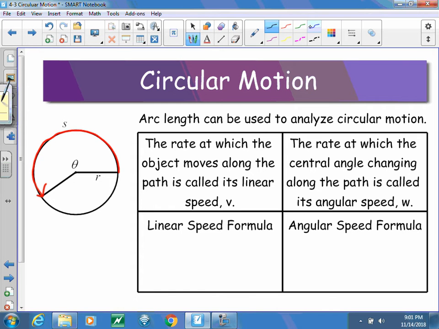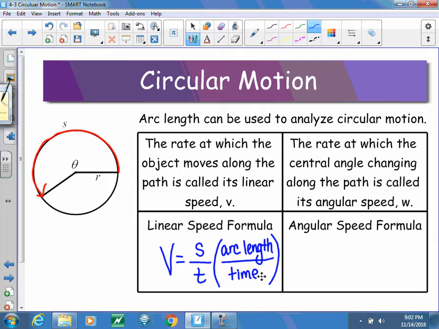Now the math side of things. Taking a look at the linear speed formula, which we're going to represent as V, we take our arc length S and divide it by time. So we take the arc length of the circle that we're looking at and divide that by the amount of time.